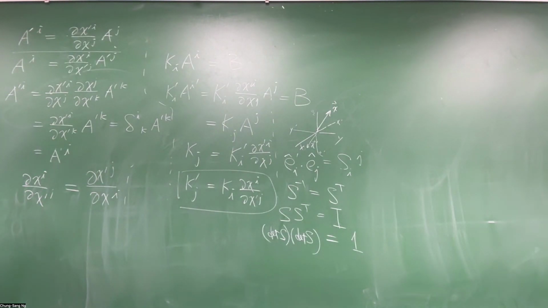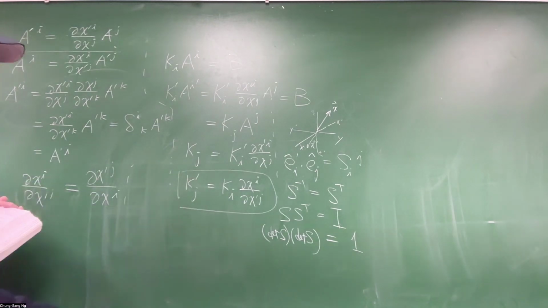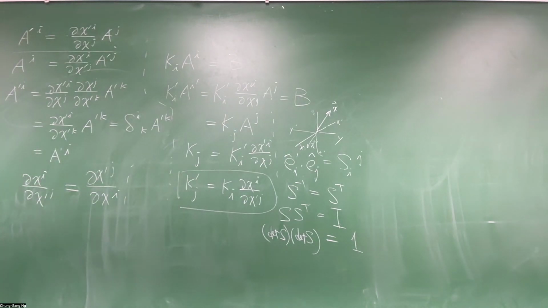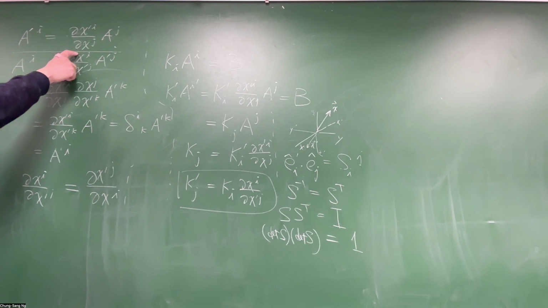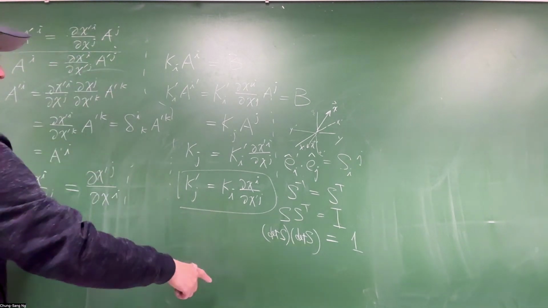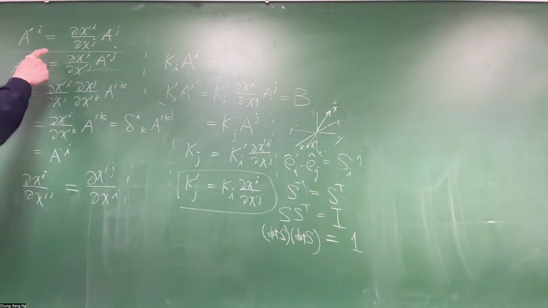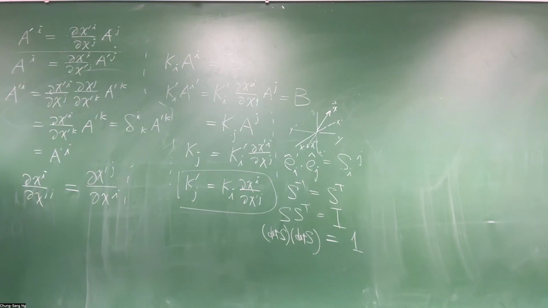But if you include a generalized coordinate transformation, including improper rotation, reflection or spatial inversion, then the determinant of this transformation matrix, S here, can be -1.